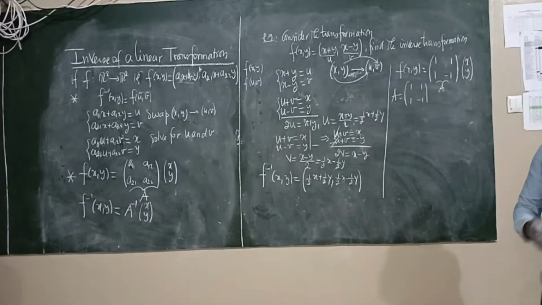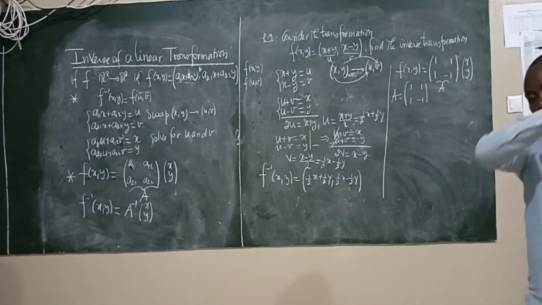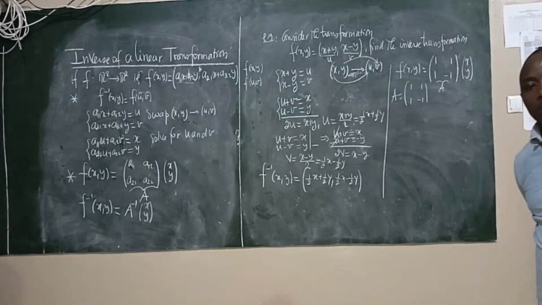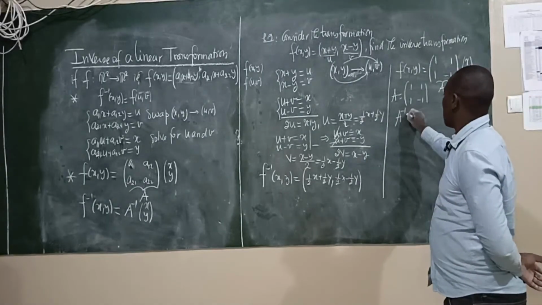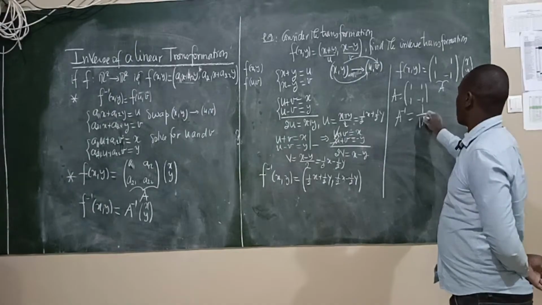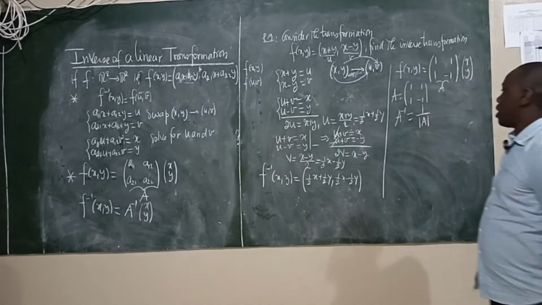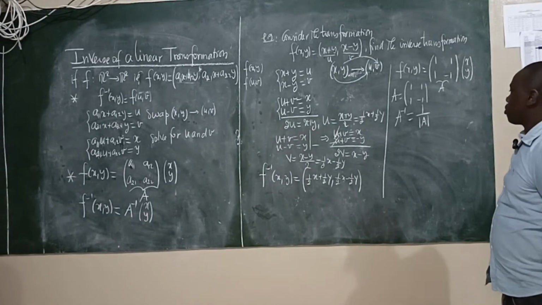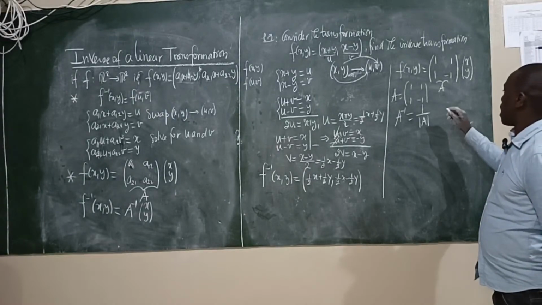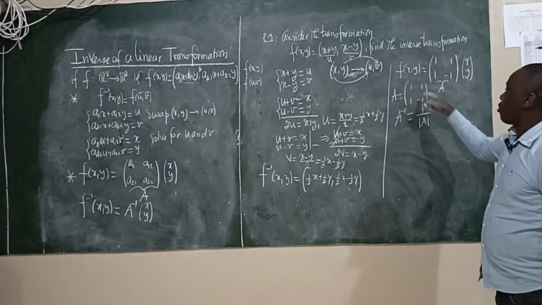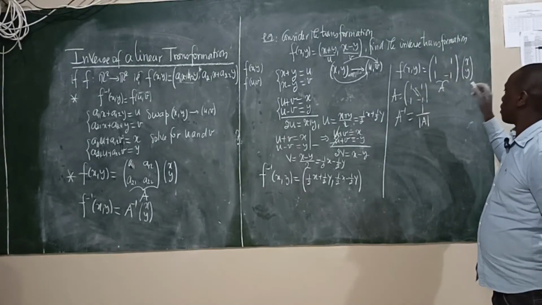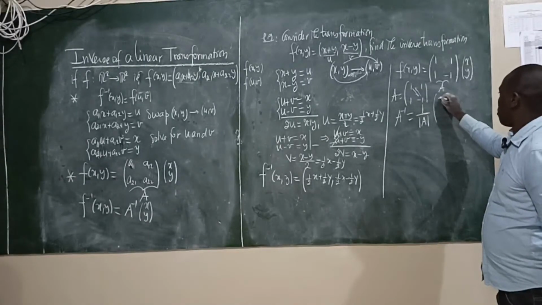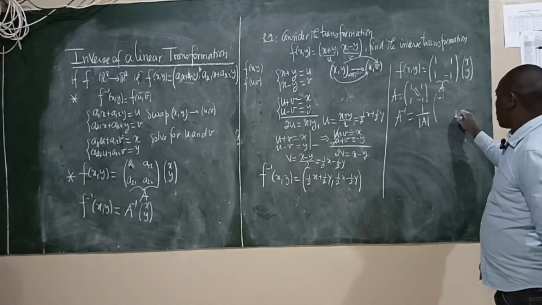You know, when finding a 2 by 2 inverse matrix, the inverse of a matrix is going to be the reciprocal of the determinant of matrix A times, here we switch diagonals to be minus 1 and 1.